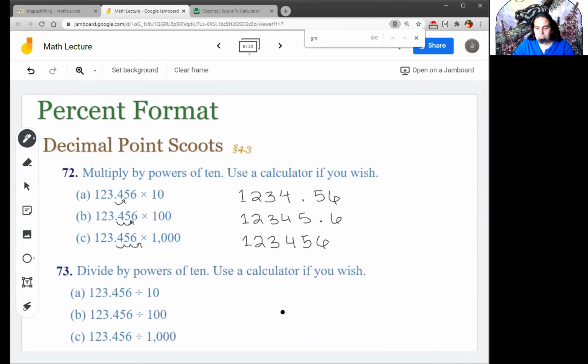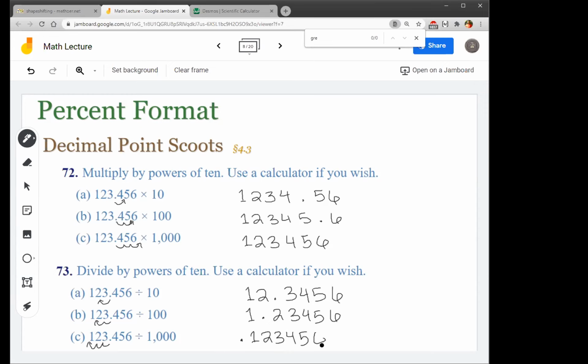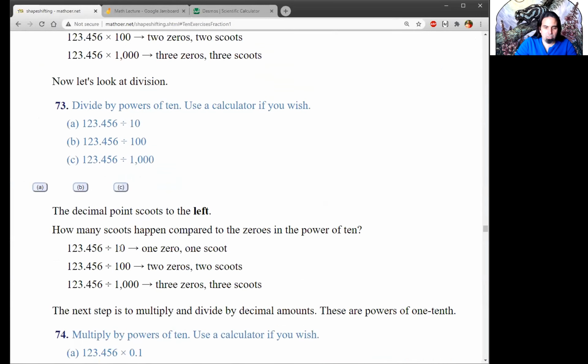You move it back one. Instead of going to the right, now we're going to the left. 2 for 100, 1, 2, 3 for 1,000. So same thing, the number of zeros is how many scoots.